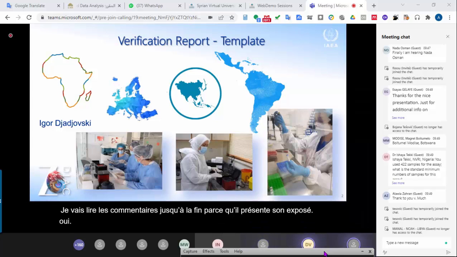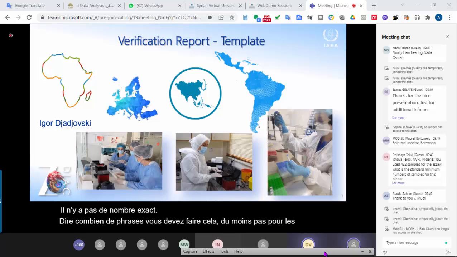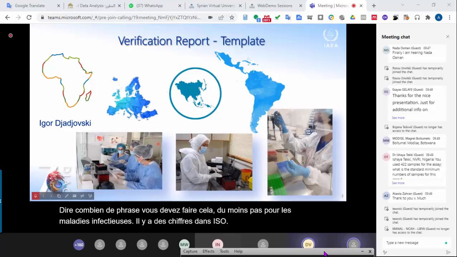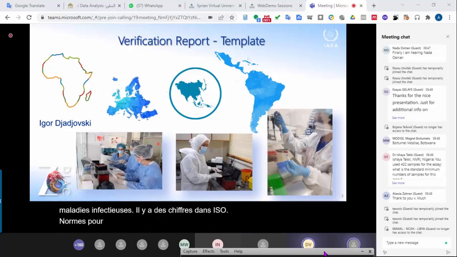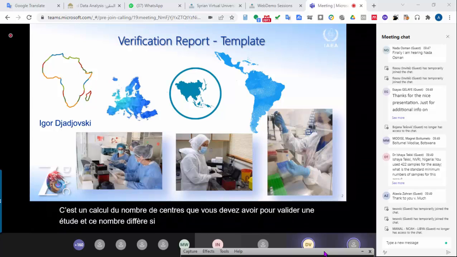There is no exact number saying how many samples you need to do, at least not for infectious diseases. There are numbers in ISO standards for food testing, where it's calculated how many samples you have to have in order to validate some study, and this number differs if you are validating your method against a gold standard, or you are validating a method where there is no gold standard to compare.